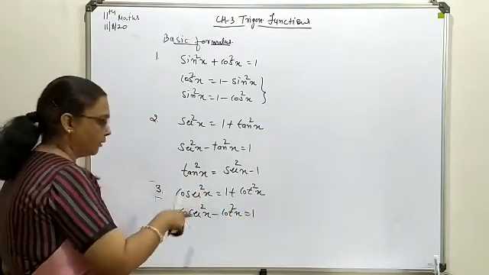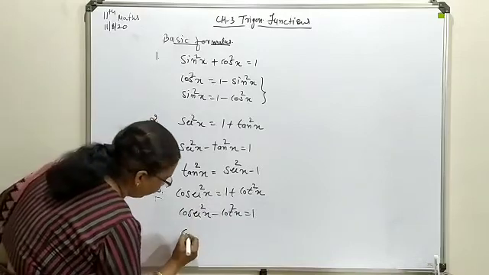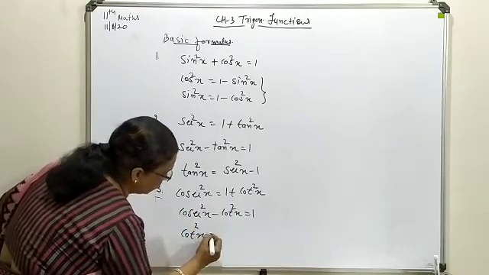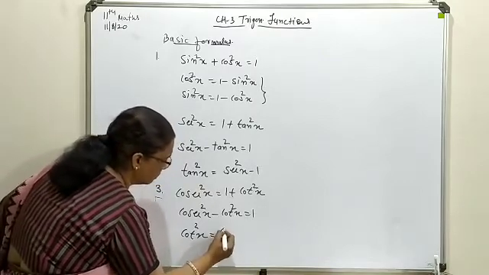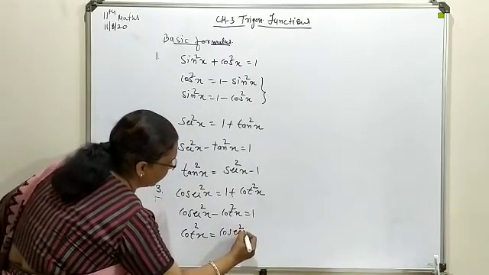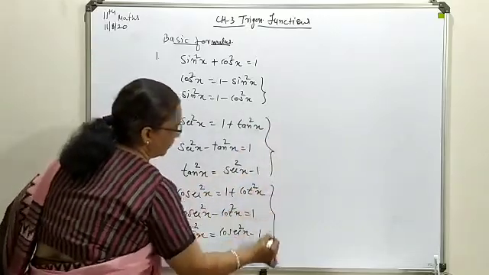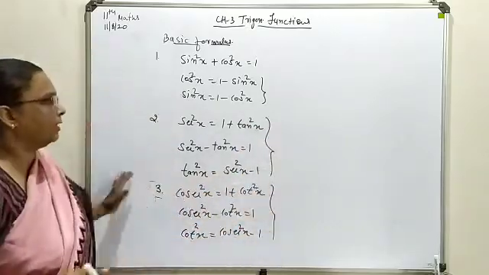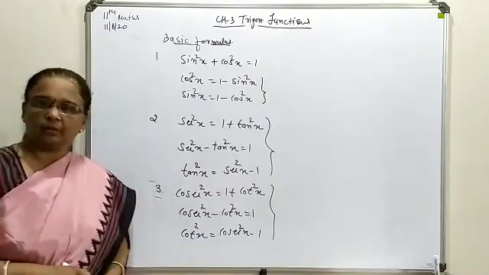Or if cosec is available and cot is required, you can write cot square x as cosec square x minus 1. So this way these three are interrelated. These are the basic identities associated with the trigonometrical terms.